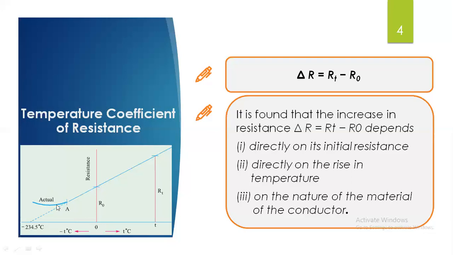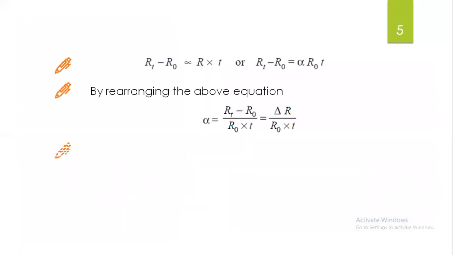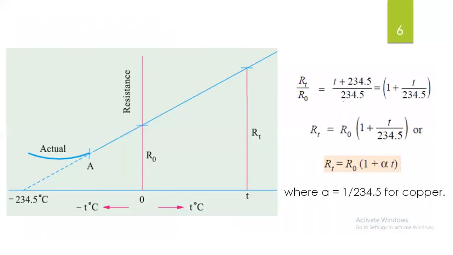From the two similar triangles of this figure, this triangle and this other one, we can write the equation RT upon R0 equals T plus 234.5 divided by 234.5, which is equal to 1 plus T upon 234.5.